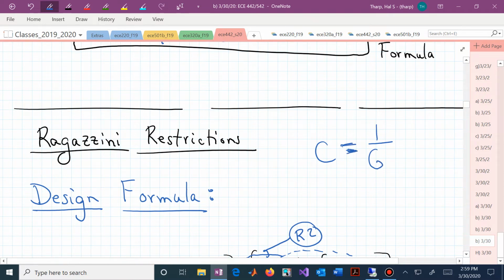Well, that's basically saying you're trying to cancel the plant's dynamics by the choice of the controller. But if this was all that there were to the design, then if you had unstable zeros in G, the controller would actually be trying to cancel those, because now in the forward path you have C times G.